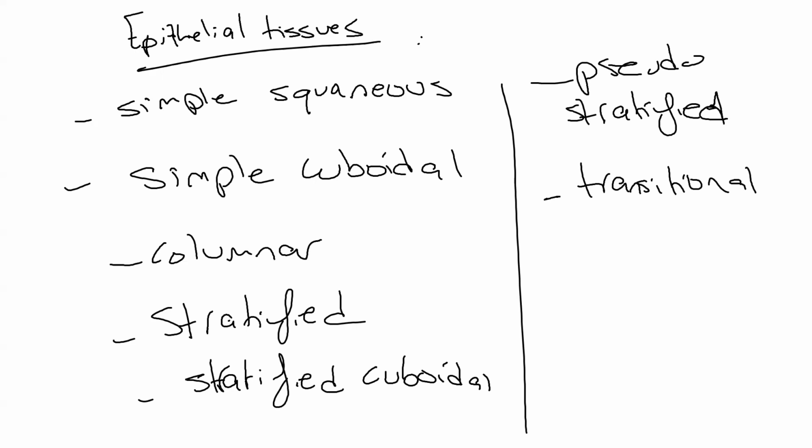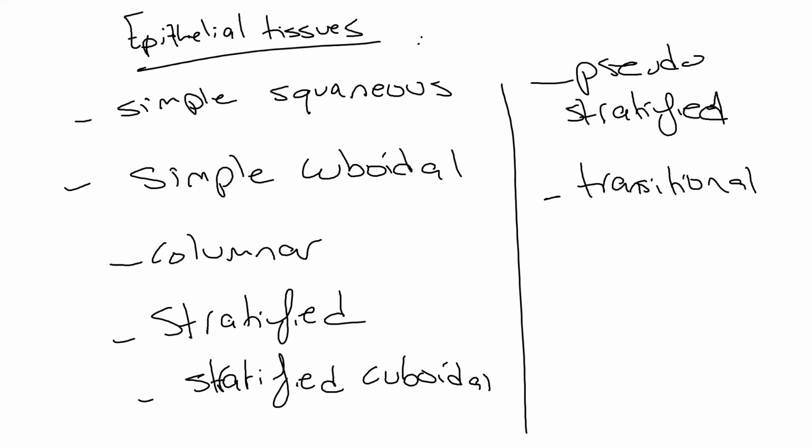The simple squamous tissue is one of the simplest kinds of the epithelial tissues, which helps in protection, secretion, absorption, and sensation.